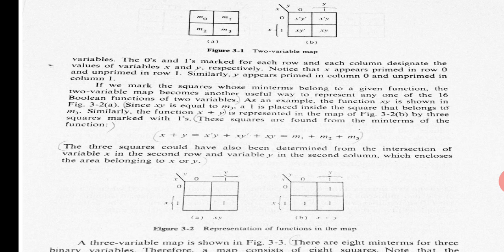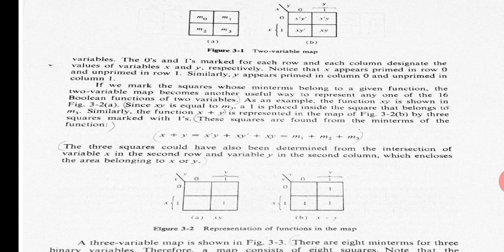Now what is x dash y? It is nothing but 1 0, 0 1. When x equal to 0, y equal to 1, then you are going to get x dash y. That is, x equal to 1 and y equal to 0, the last but one, isn't it?